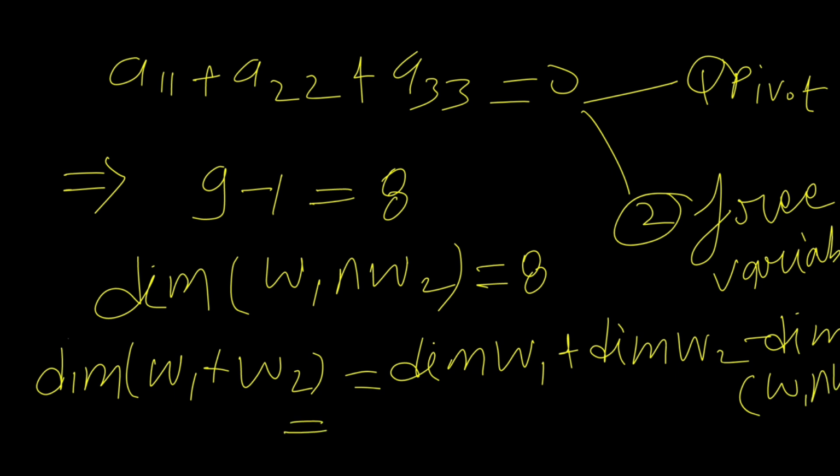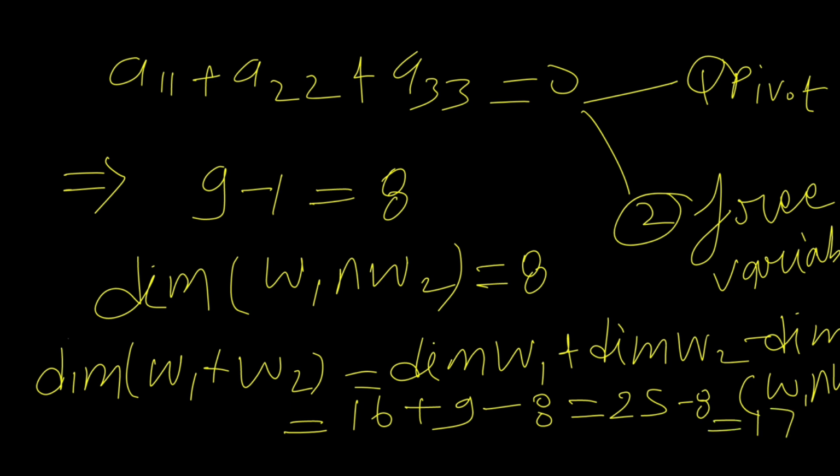Firstly, the dimension of W1 is 9, the dimension of W2 is 16, minus 8, which gives 25 minus 8, it should be 17. Then the dimension of W1 plus W2 should be 17 for this question.